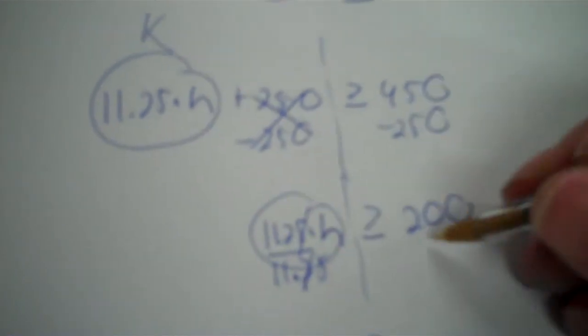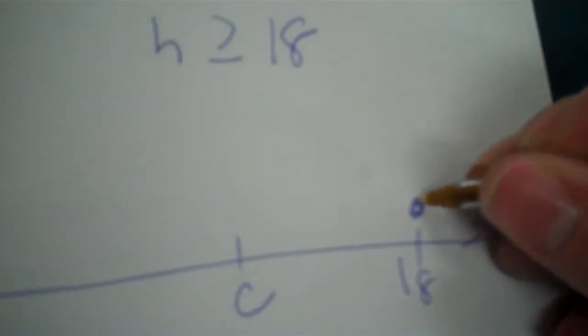Don't forget the decimals there. And I take 200 divided by 11.25. Okay, we want full hours. Now when I set a goal, I want to raise the 17 up by 1, so it would be 18. So 18 eats a letter, so that goes this way.